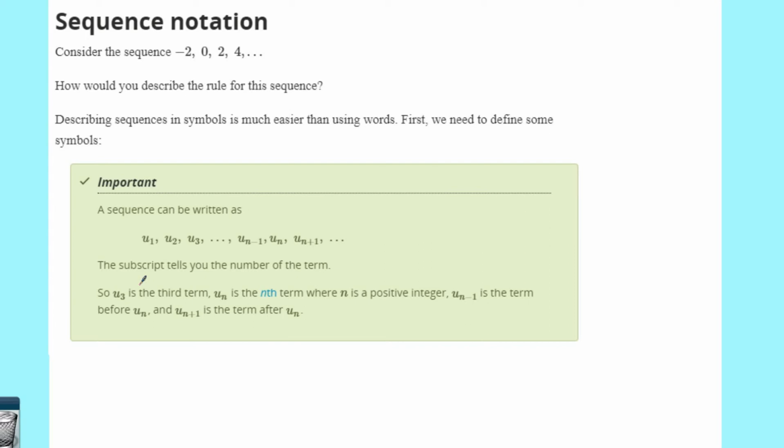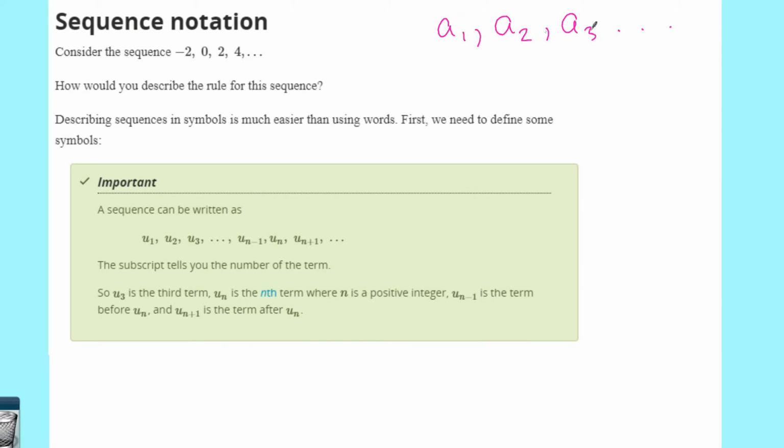I like to say the first term is A sub 1, the second term is A sub 2, the third term is A sub 3. They're all related in that they all have an A, so you know they come from the same sequence. To label them, the subscript is kind of like an exponent, but at the bottom. It's a little number at the bottom.